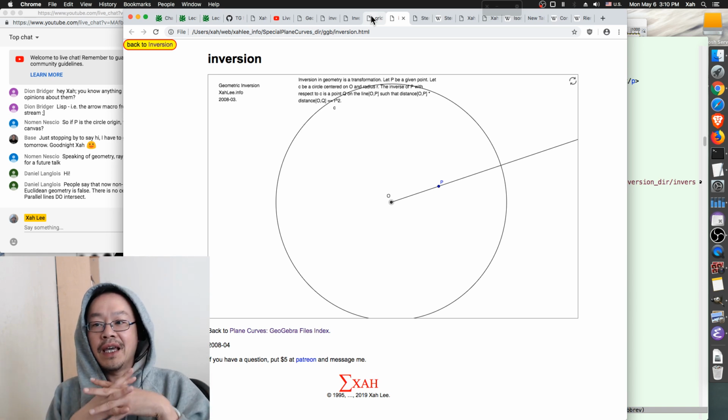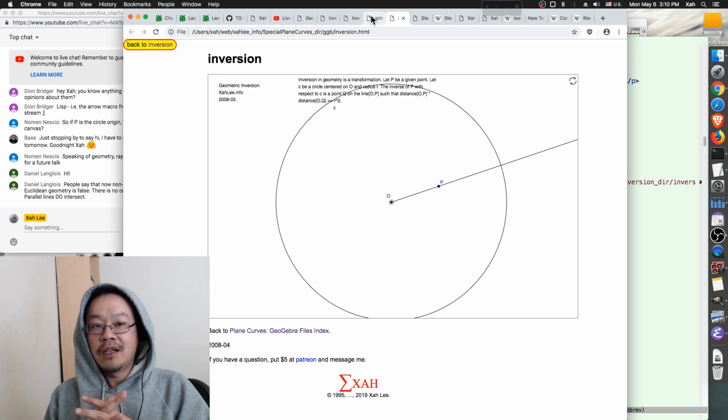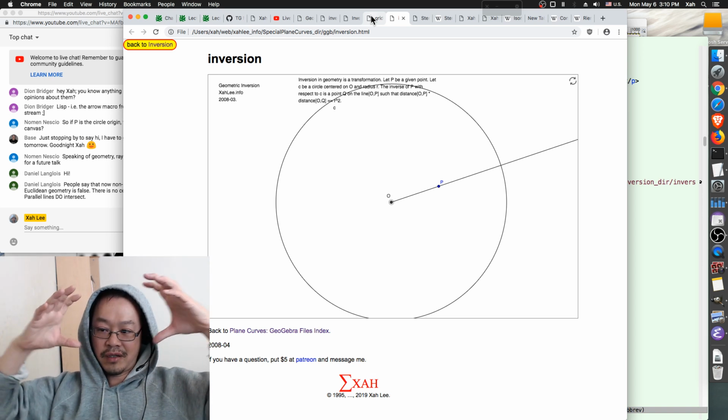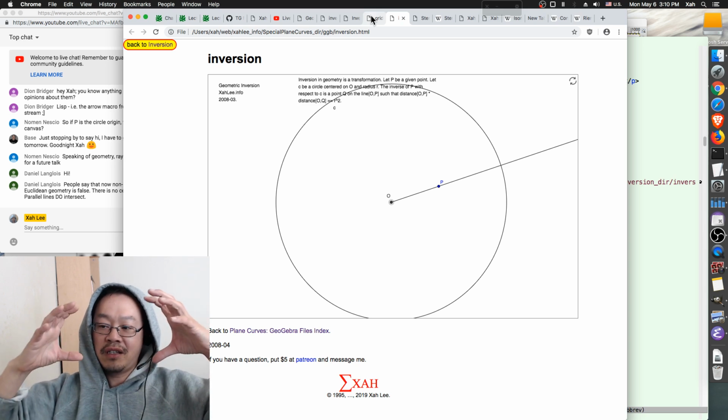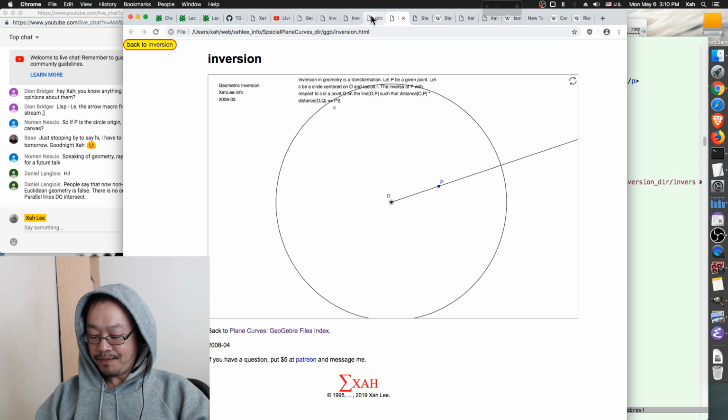Now, the transformation we want to do is a geometric inversion. Just like the two-dimensional case, we start with a circle, I mean not a circle, a sphere in three-dimensional space.